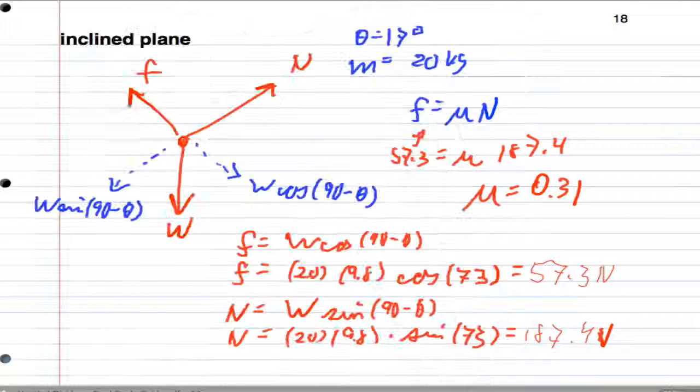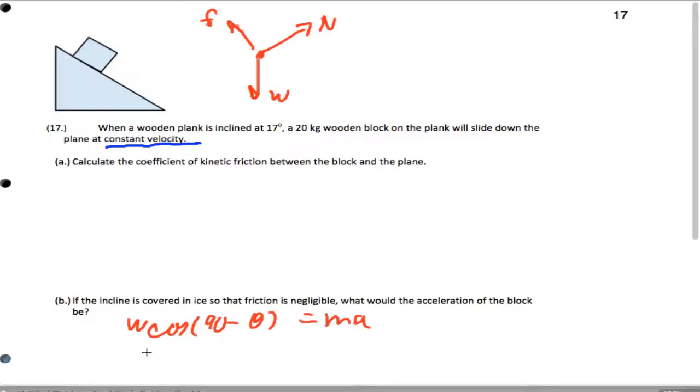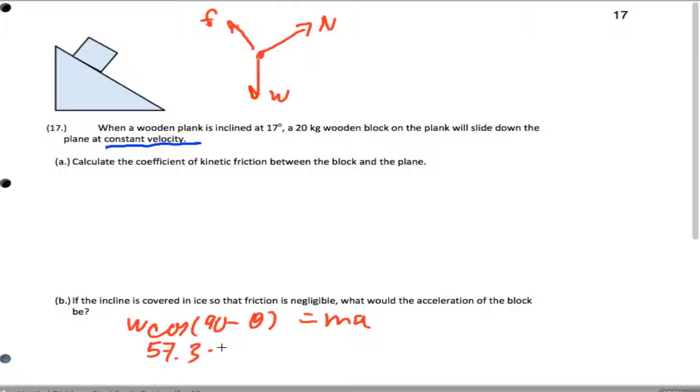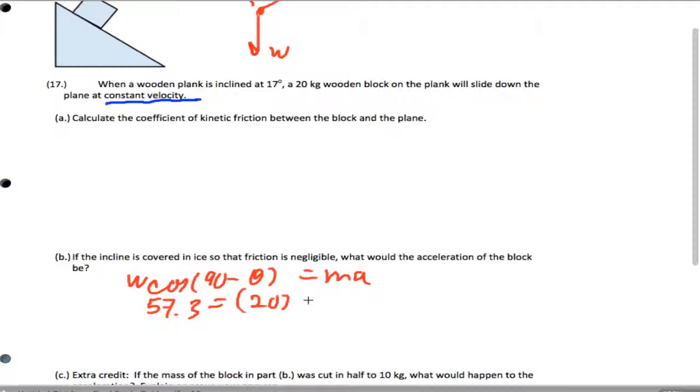So let's get some numbers from the next page. If we calculate W cosine of 90 minus theta, we get 57.3. And that's going to equal m times a, which is 20 times a. So when we solve for a, we get 2.9 meters per second squared.